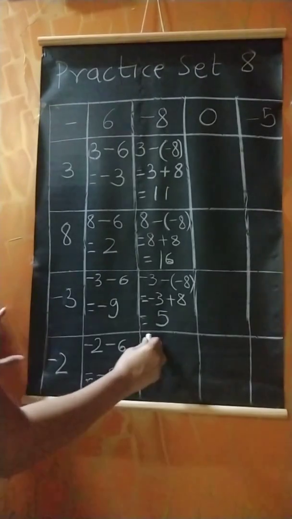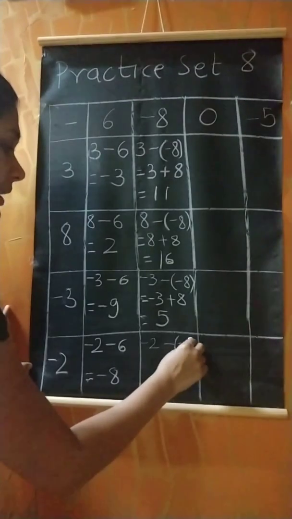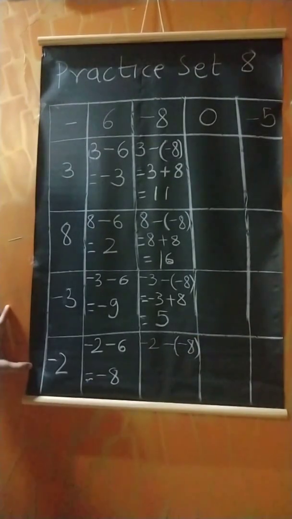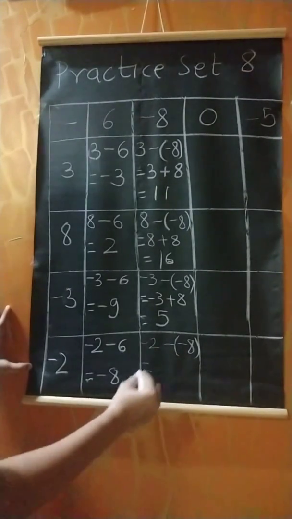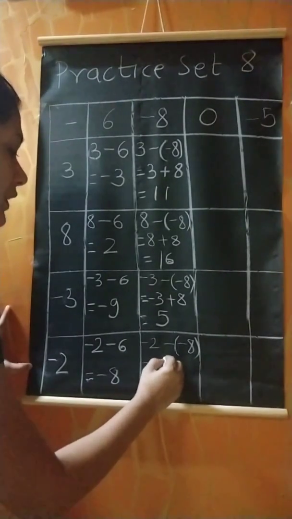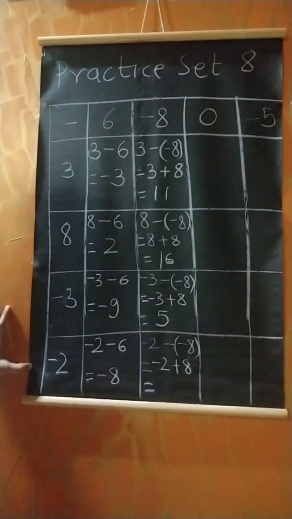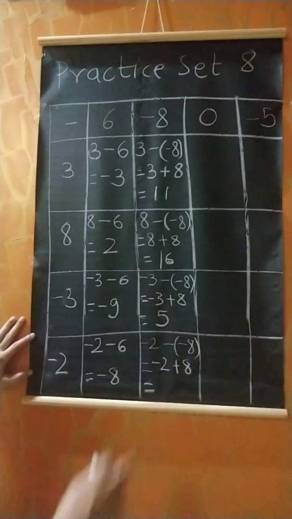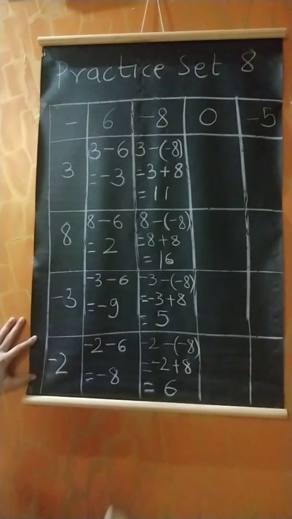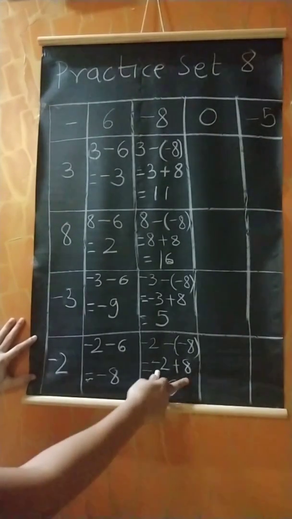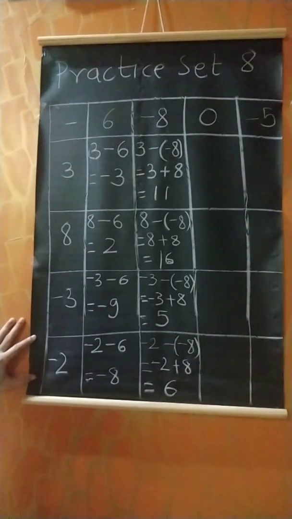Next, minus 2 minus (minus 8). Here also this minus 8 will be plus 8, and your sum will be minus 2 plus 8. Both have opposite signs, so subtract 2 from 8, your answer is 6, and as 8 is the bigger number with a positive sign, your answer is plus 6.